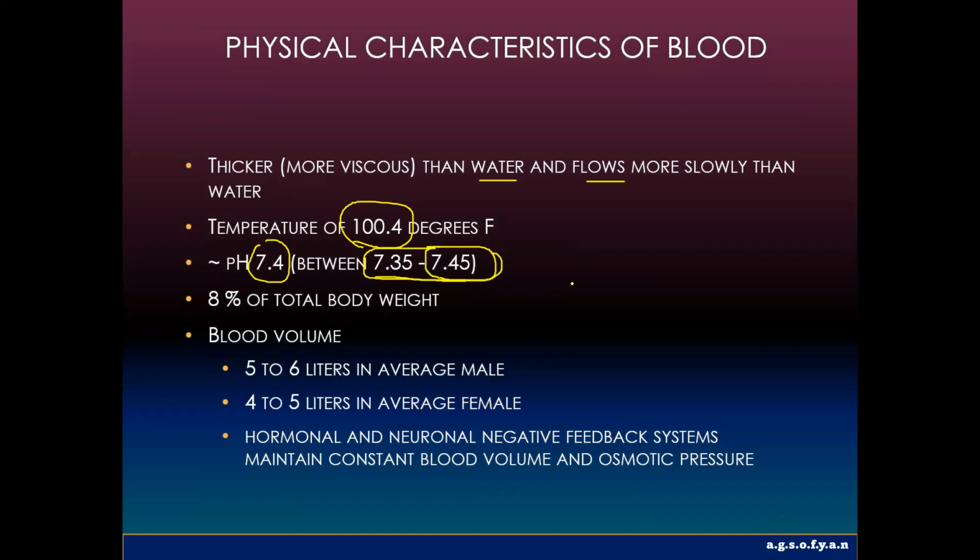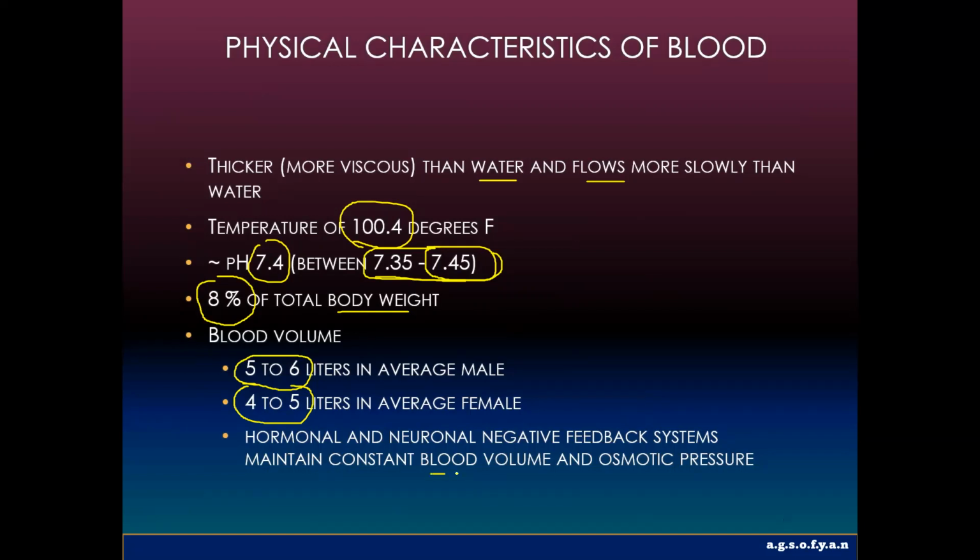Okay? And again, as we mentioned, blood is actually 8% of the total body weight. 8% of our weight is actually blood. And then the volume, normally for male, is between 5 to 6 liters and for female 4 to 5 liters. So females, on average, have less blood volume compared to males.